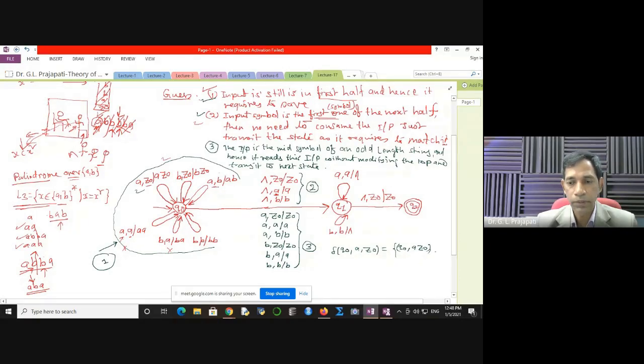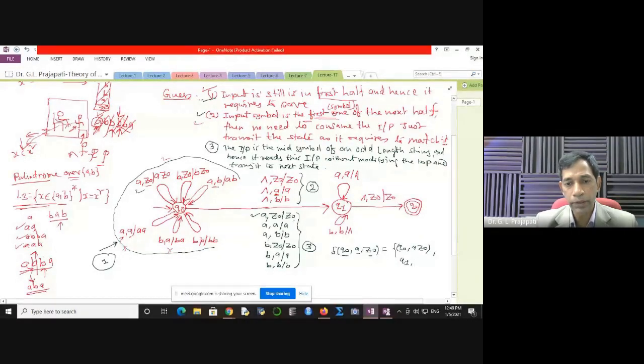See, you have another output also. What are the other possibilities? You are at the state Q0, reading the input A, and top is Z0. This is the condition. You are in the state Q0, input is A, top is Z0. What is the output? You go to the state Q1.